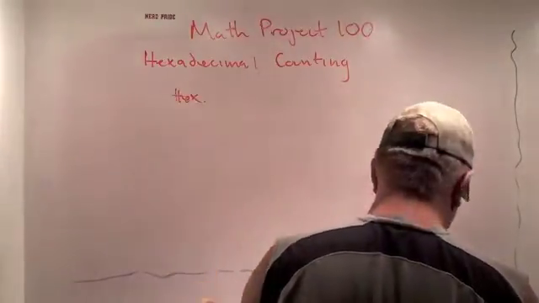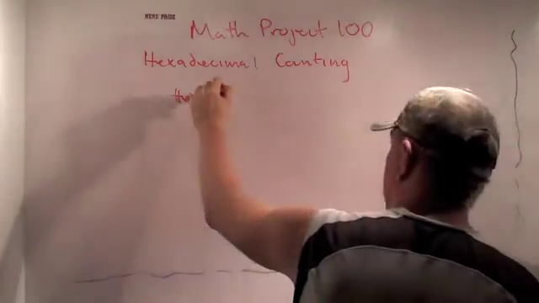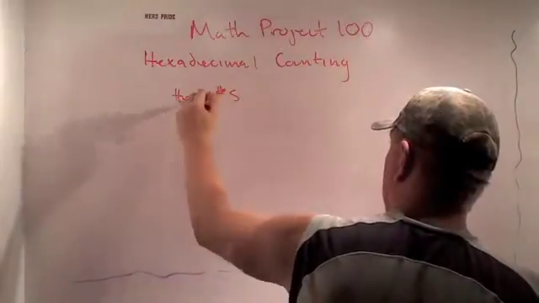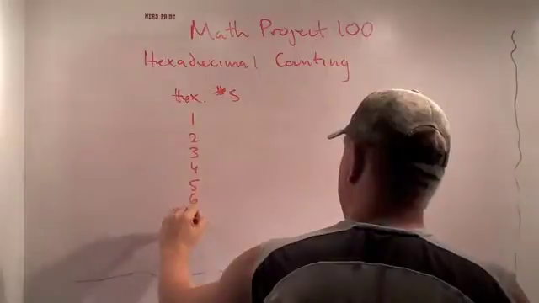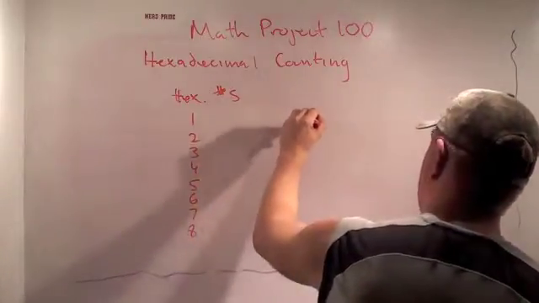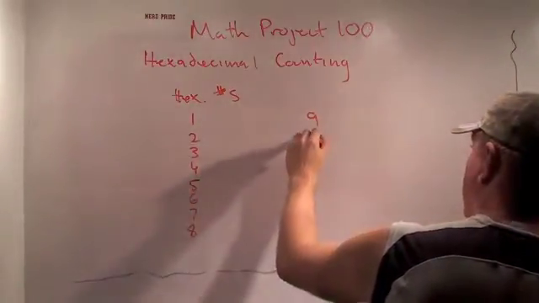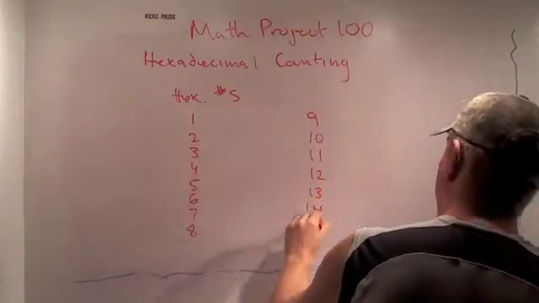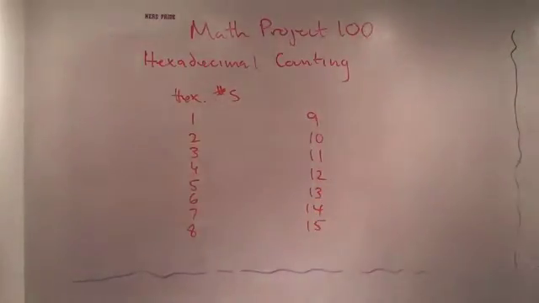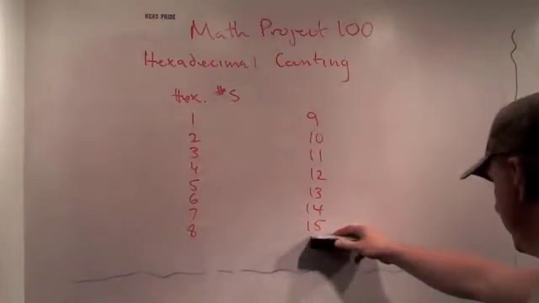I'm just going to abbreviate it hex. So 1, 2, 3, 4, 5, 6, 7, 8, 9, and then we need to be able to write 10, 11, 12, 13, 14, 15, because the first digit is going to go up to 15.